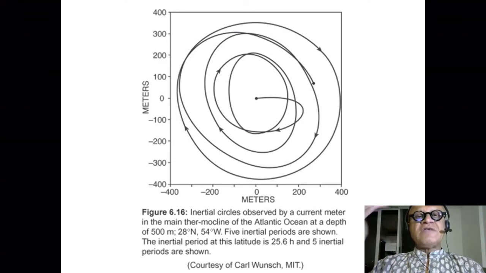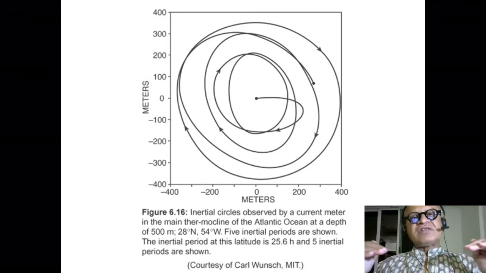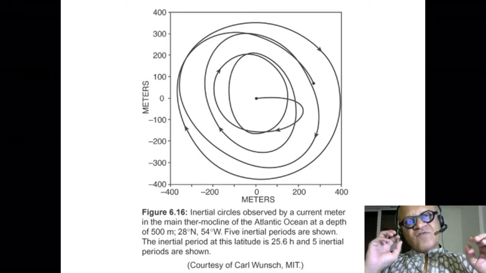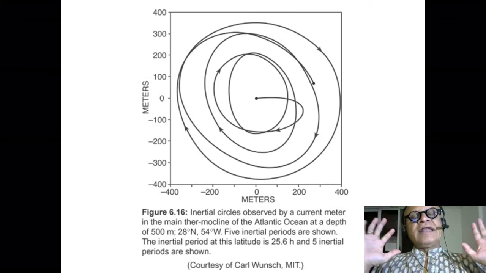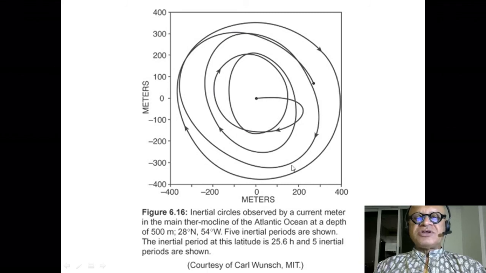But essentially, if you go below the surface, when there is a burst of wind and then the wind dies away, and you are away from the surface, frictional effects are small. So parcels of water get pushed, and then they are just left alone, and Coriolis is the only force acting. So you can see that these are the 5 inertial periods shown here.